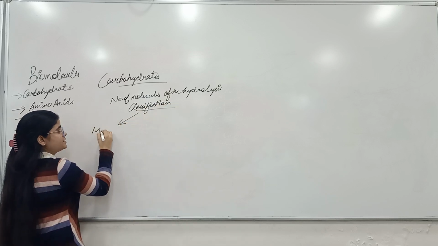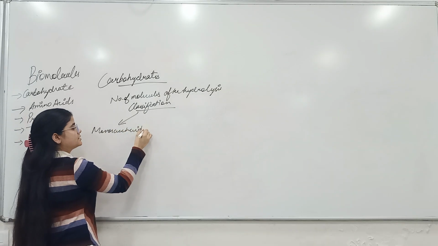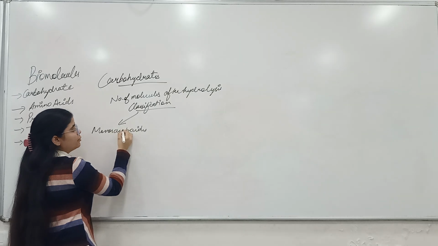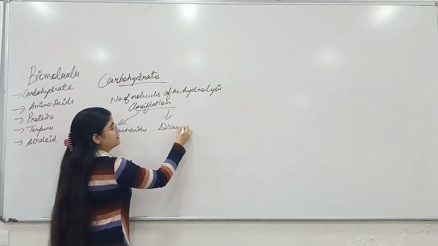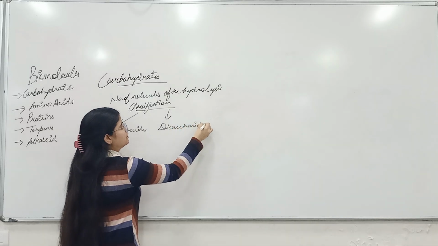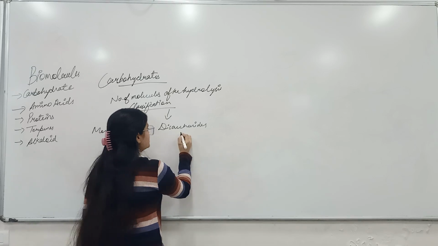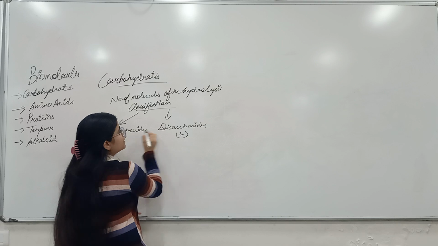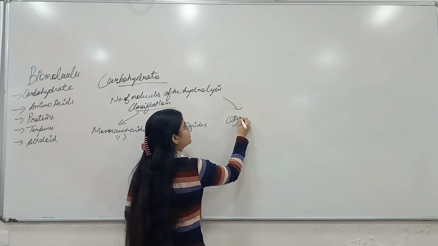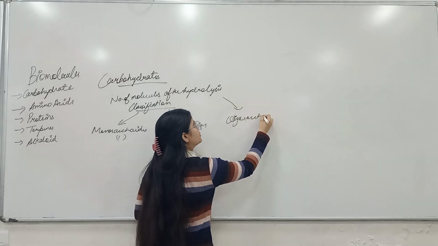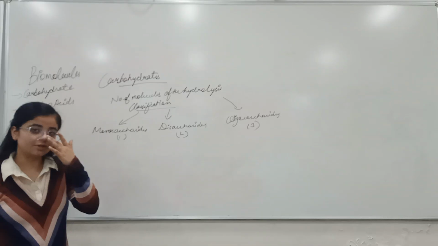First, monosaccharides, that is containing only one carbohydrate unit, and disaccharides, the name is suggesting itself that it will give two molecules after hydrolysis, and third one is oligosaccharides, more than 3 molecules after hydrolysis.